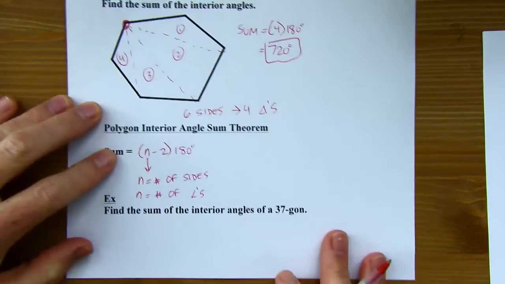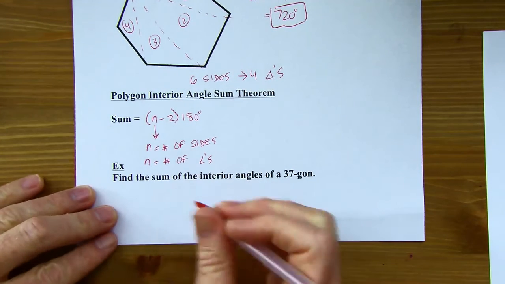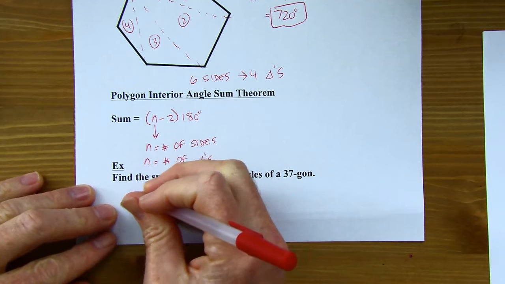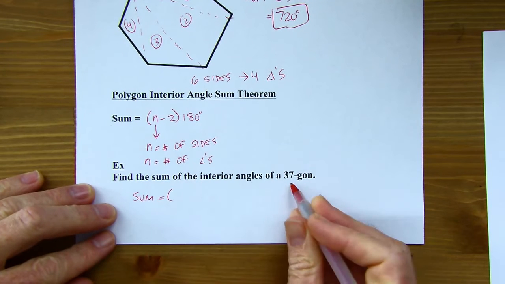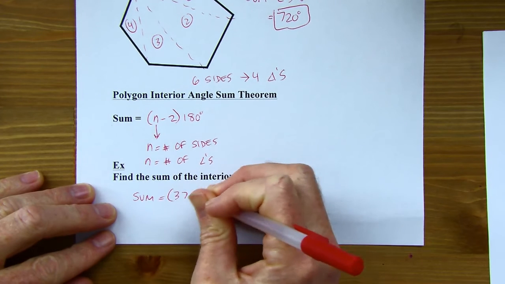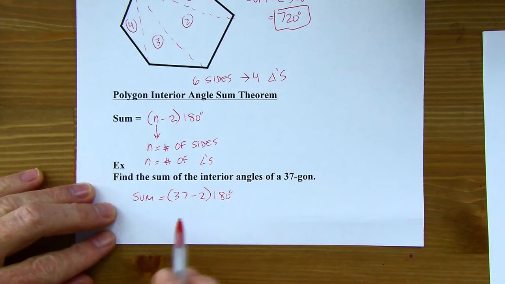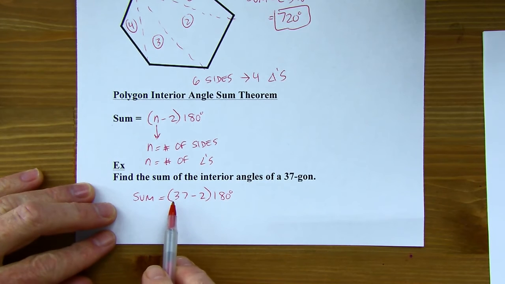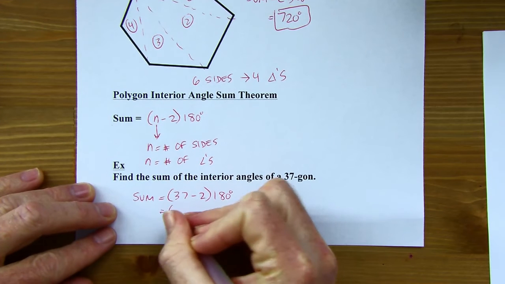But now I can use this formula. I don't need to do a drawing. So let's see, my sum here, I'm going to take n minus 2. Well, my n is the number of sides. 37 has 37 sides. Subtract 2 from that and multiply by 180. The most common mistake I see on these, people just do 37 times 180 instead of 37 minus 2 times 180.